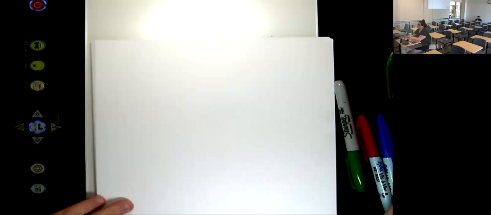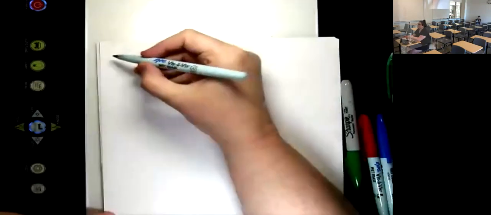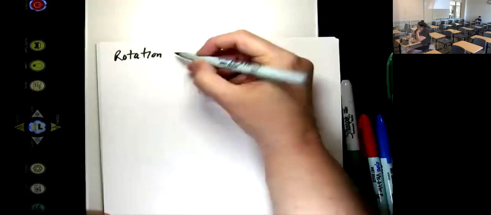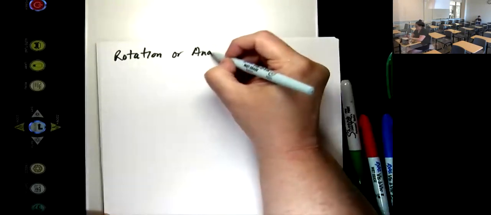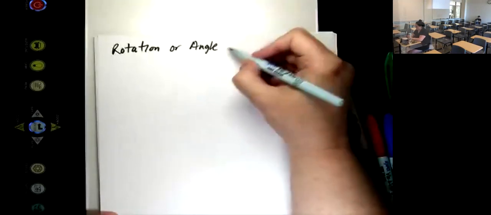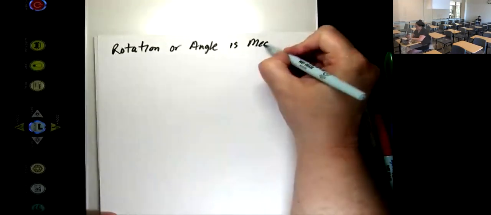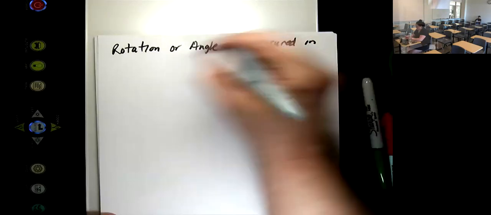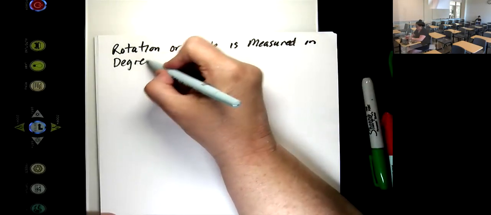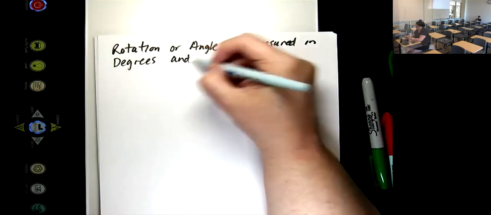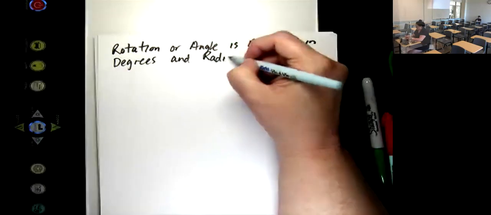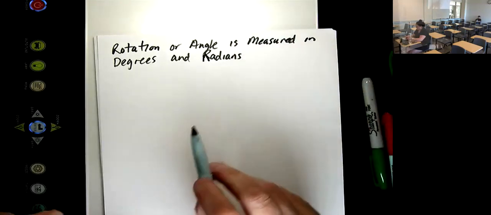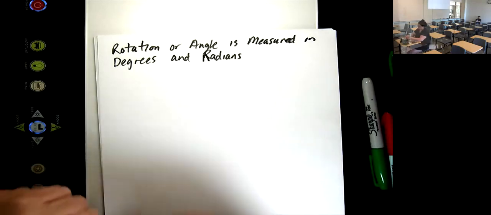So how do we measure rotation? Angle is measured two ways. But the one we're doing in this section and the next section is in degrees. And later on, we will talk about radians. But we will focus on degrees.